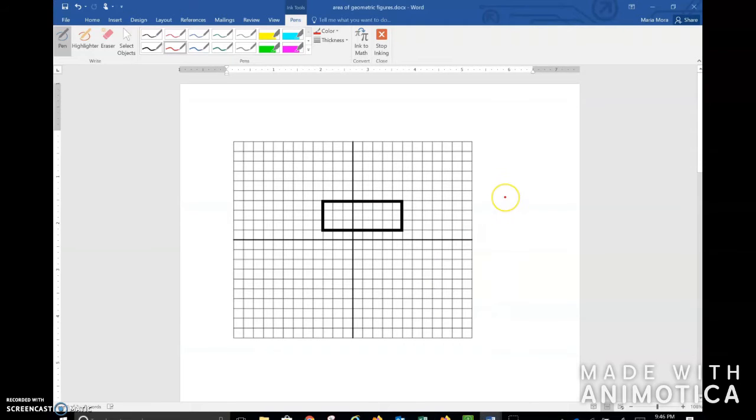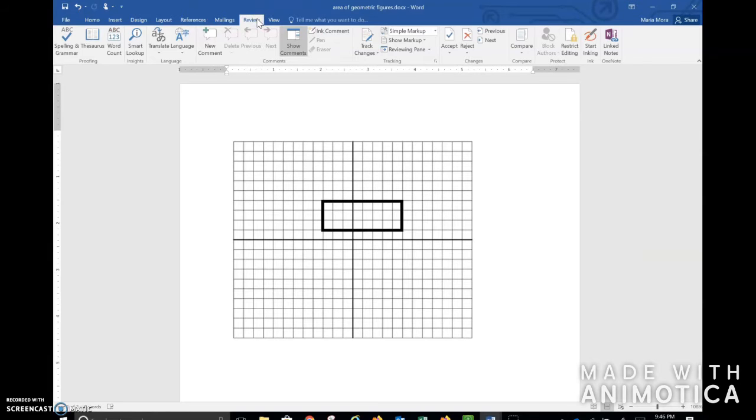This Word document is also on Canvas in the same assignment, and you will be able to work through the assignment yourself and play with using Word and how you can annotate over your work. That way you don't need paper.